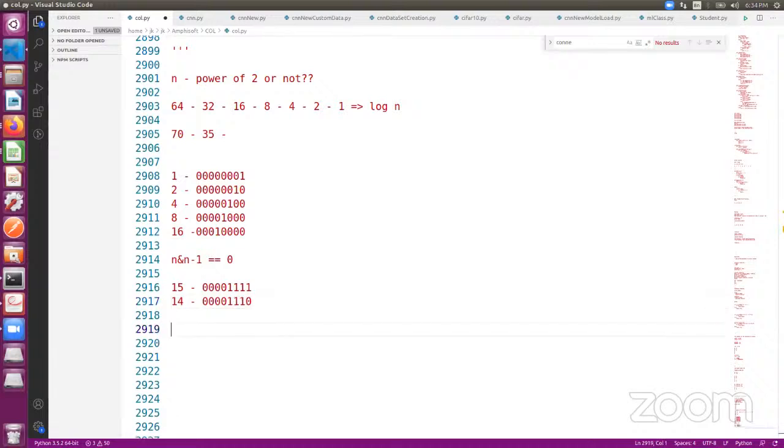Consider any number and you will see this last bit would be set as 1 for adjacent numbers, except for a power of 2. So only if n is a power of 2, this expression would give us 0. This is the best algorithm, right? Constant time: whatever the number, you just perform an AND operation with the number less than it. If you get 0, then it is a power of 2, else it is not a power of 2.